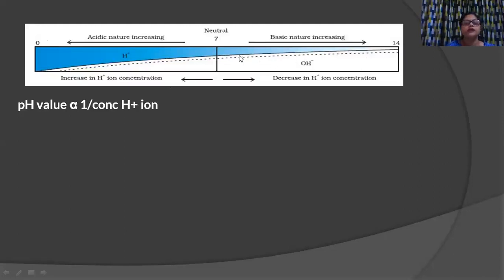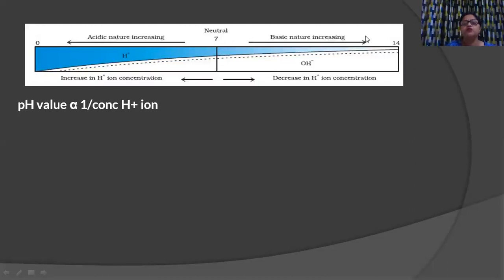Now here you can see that when we are moving from 7 to 14, the hydrogen ion concentration is repeatedly decreasing, whereas the concentration of hydroxide ion is increasing. Now this happens because there is decrease in the hydrogen ion concentration and increase in the hydroxide ion.